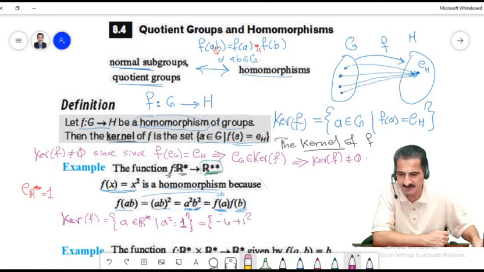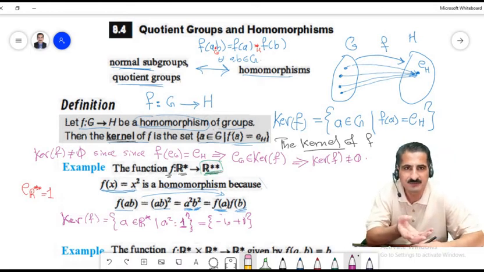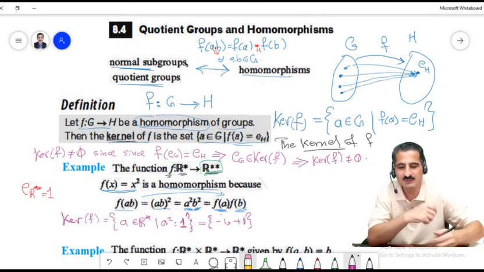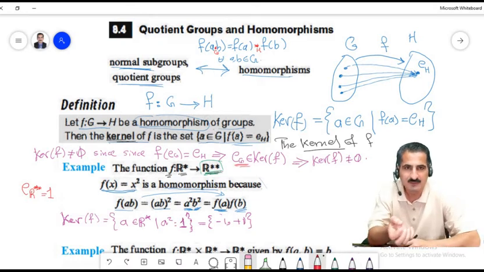This is much better, yes, because what I was thinking here is that the kernel shall not consist of one element, it shall consist of more than one element. If the kernel consists of one element, then that element is the identity of the group in the domain, and when this happens, the homomorphism is 1-to-1. We will see that in a theorem in a little while.